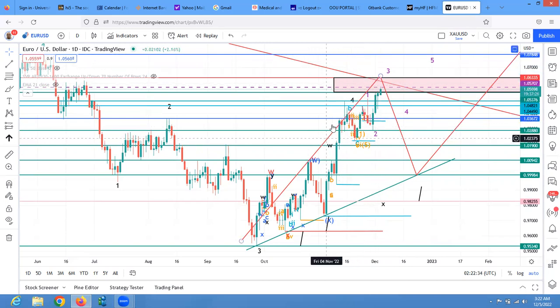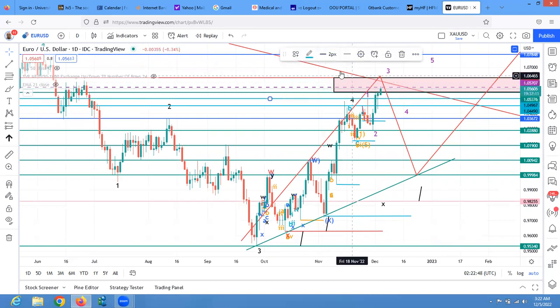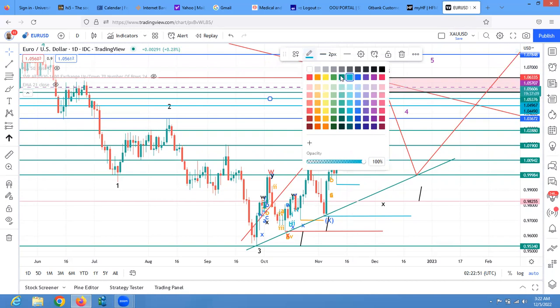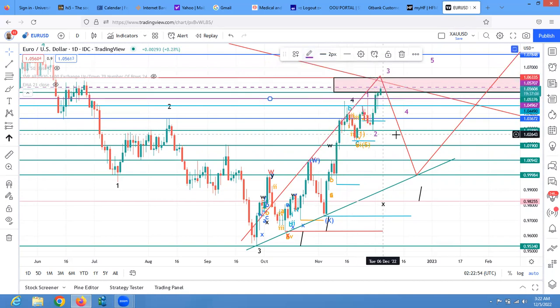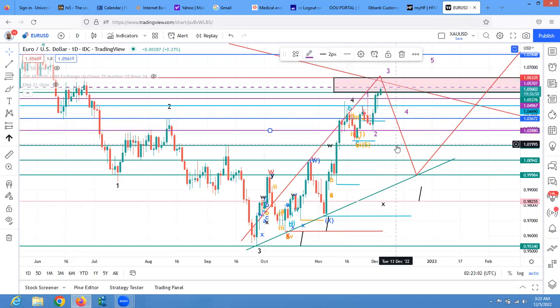Because you have to follow structure. Structure can change. So let me use purple. I'm using the purple now. So a purple 2 here. So we don't need all of this anymore.